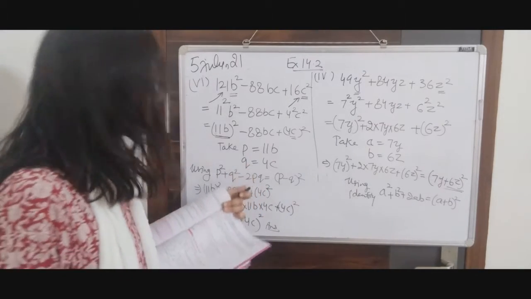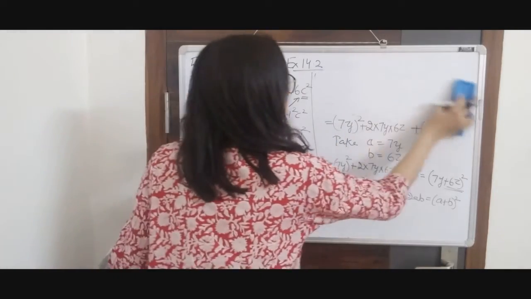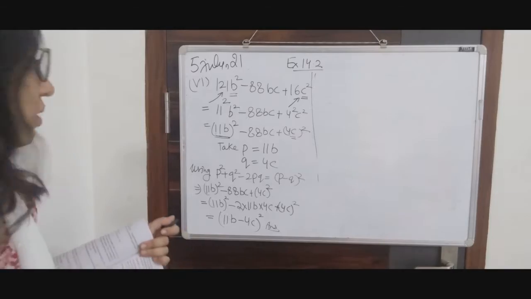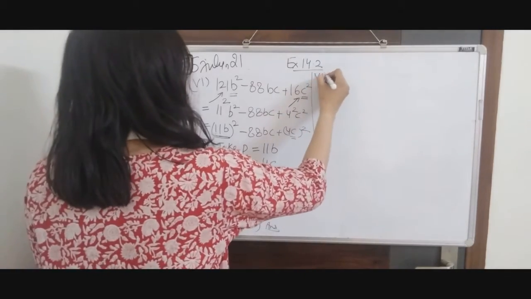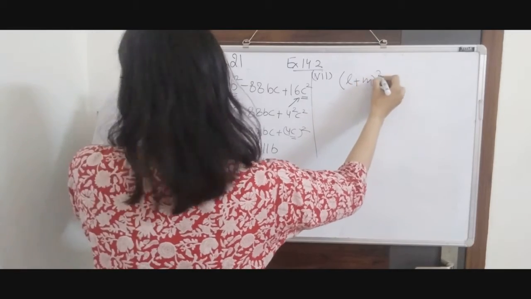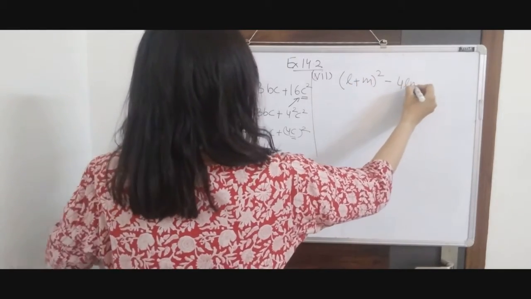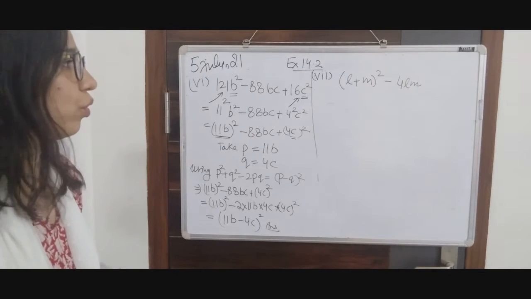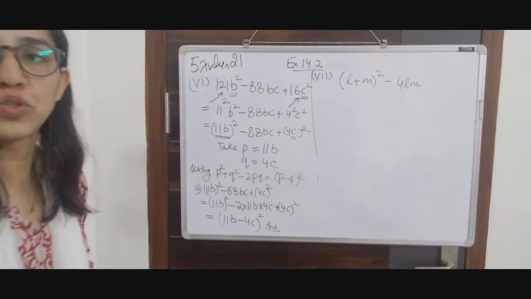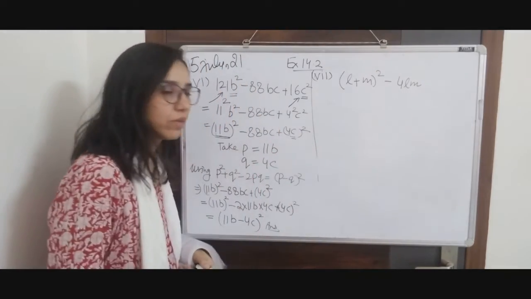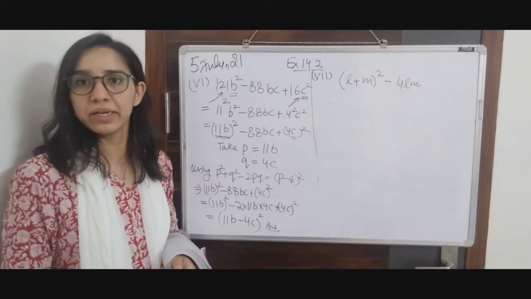Next we are going to do the seventh part, where we have (l plus m) square minus 4lm. Now we have four identities, and none of them has two terms in which one is a square and one is not a square. We don't have an identity like that.